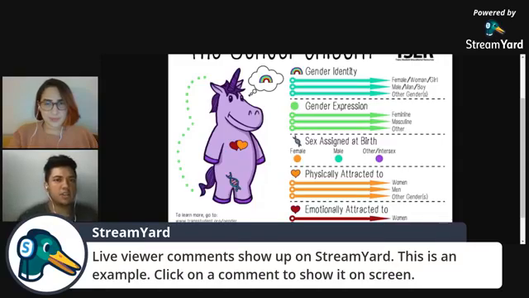For gender identity, there's a little rainbow in the thought bubble to help people visualize what it's describing. When we're talking about gender expression, we're talking about the whole expression of the unicorn, those little dots on the outside.